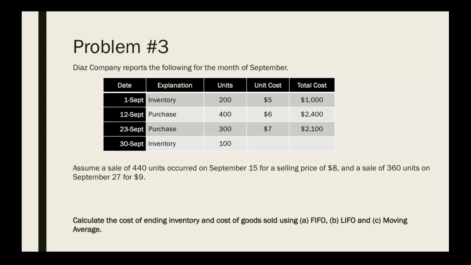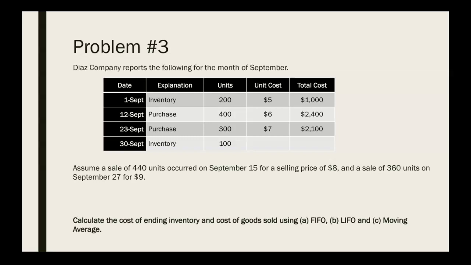And then below that, it says, assume a sale of 440 units occurred on September 15th for a selling price of $8 and a sale of 360 units on September 27th for $9 a piece. Whenever we are dealing with these perpetual inventory systems, your FIFO, LIFO, and moving average, we never worry about those selling prices.